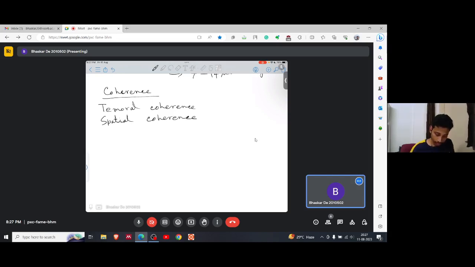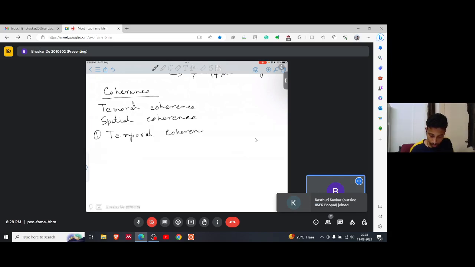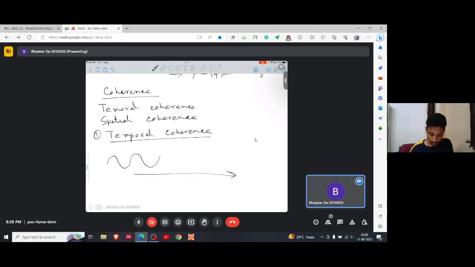So the first one is the temporal coherence. By temporal coherence, it refers to the relative phase or the coherence of the two waves at two separate locations. So basically there is this electromagnetic wave, and after a certain distance the same electromagnetic wave might have a different relative phase.